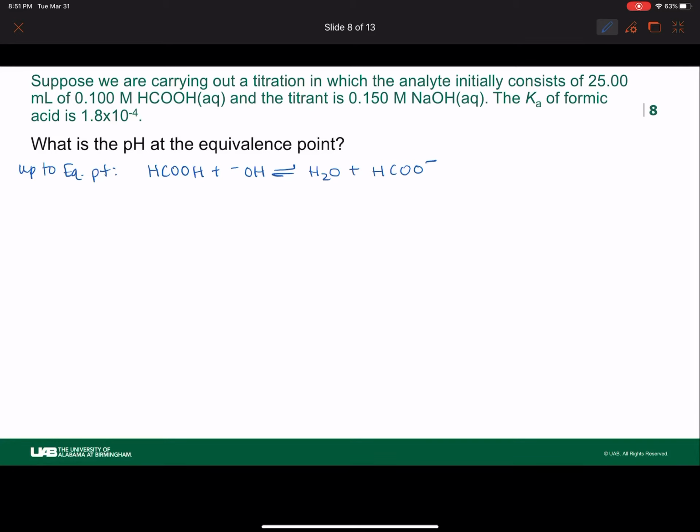Okie dokie. Now we are up to the equivalence point of our weak acid strong base titration. Up until this point, we have had some weak acid and we have been adding strong base to it.